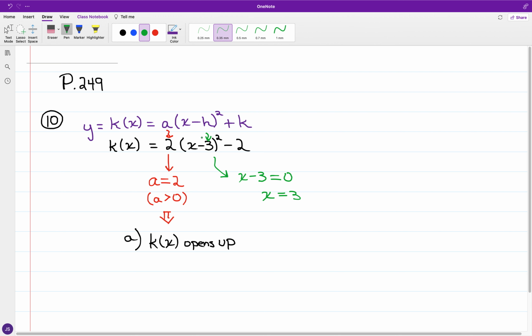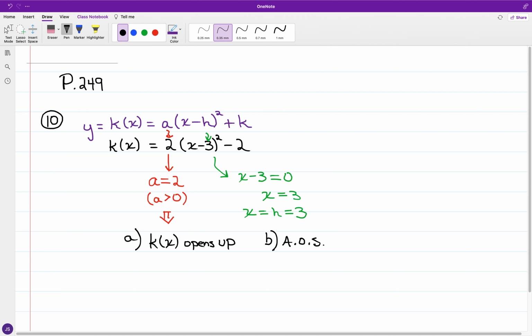And again, x equal to h is equal to 3. In setting the binomial x minus 3 to 0, we have, again, x is equal to 3, and this is going to be the axis of symmetry.